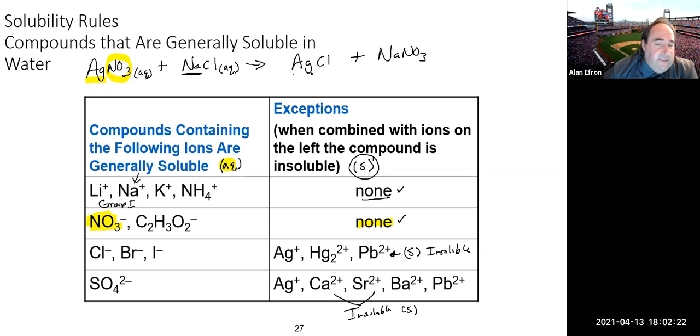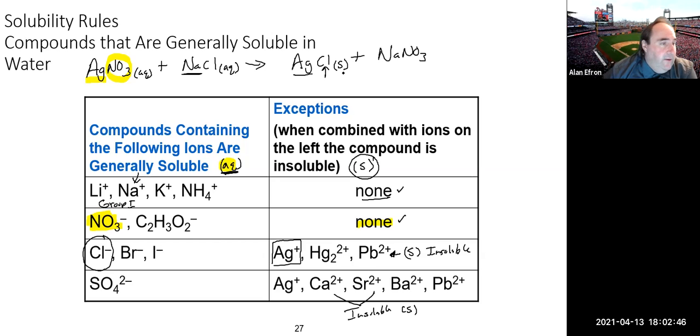I may not see silver on the left, but I do see chloride. Chloride is right here. Chloride is soluble in everything, but there are some exceptions, and one of the exceptions is silver. Because this is silver with chloride, instead of being soluble like normal, it will now become insoluble.